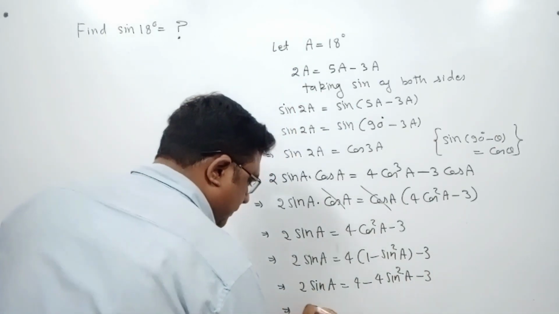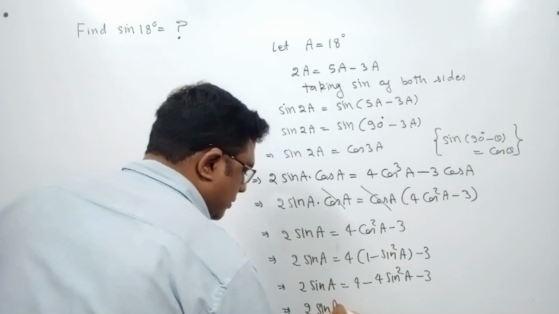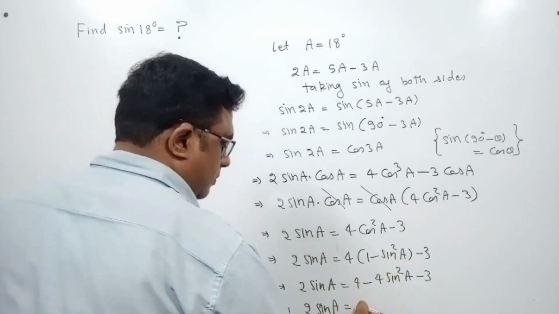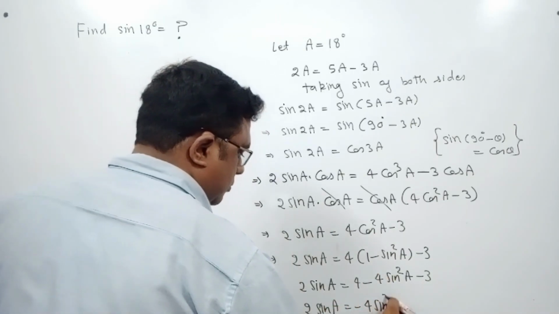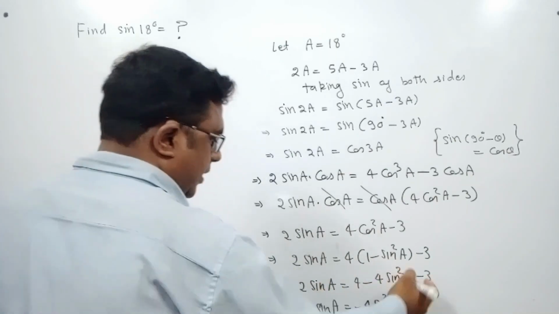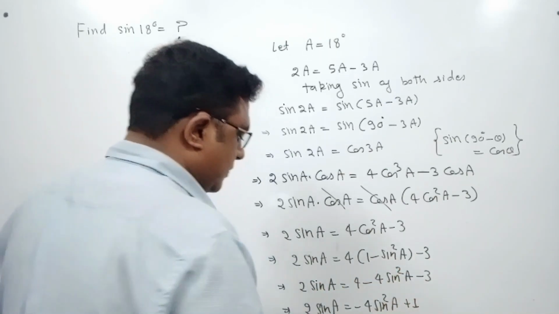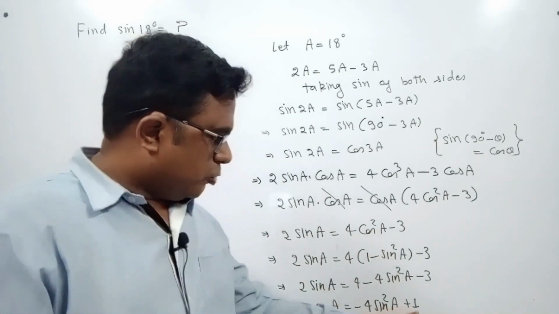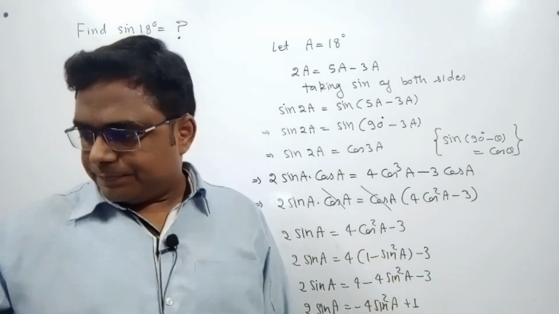This implies that 2 sine A is equal to minus 4 sine square A, and 4 minus 3, only 1 is left. Now we will transfer these two terms to the left side.